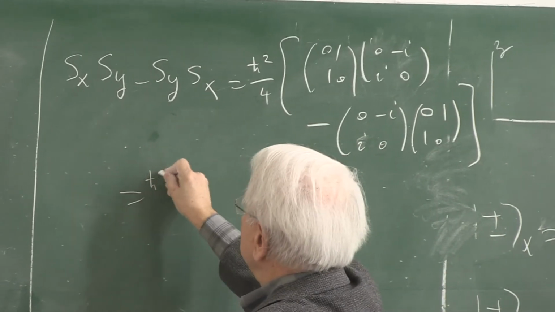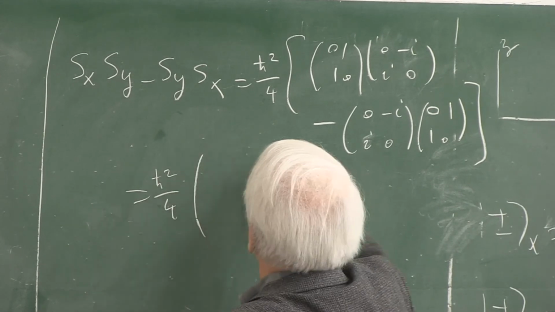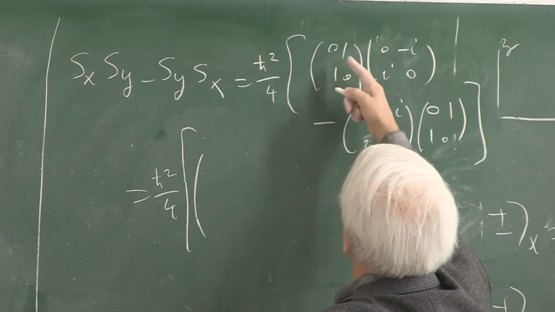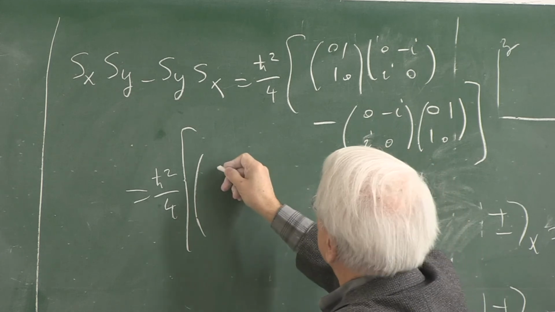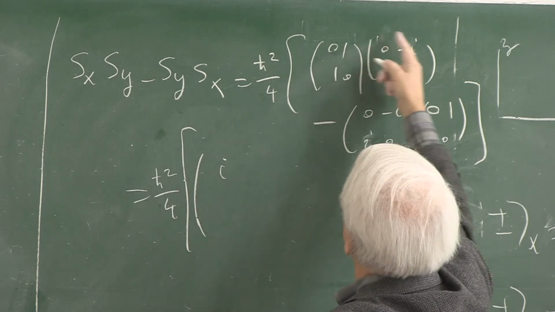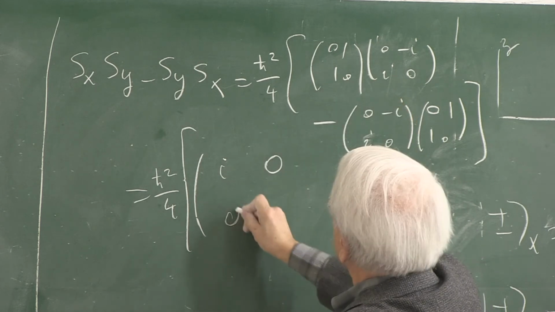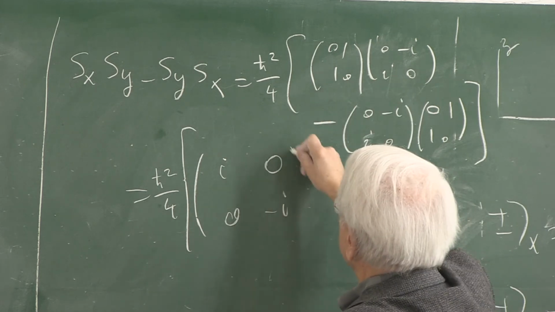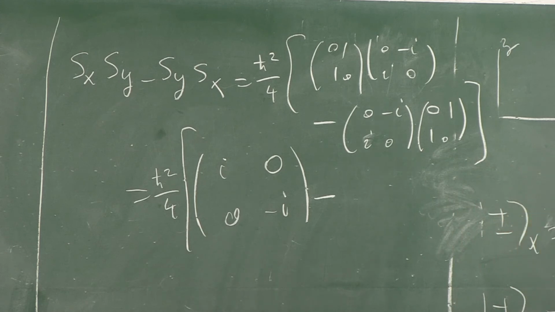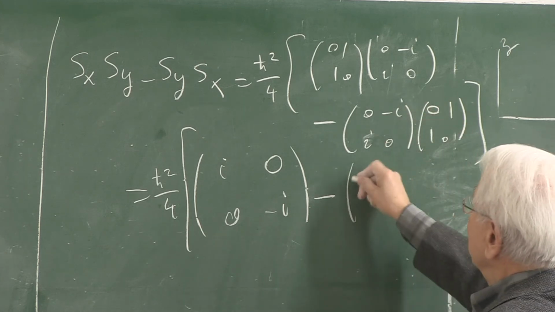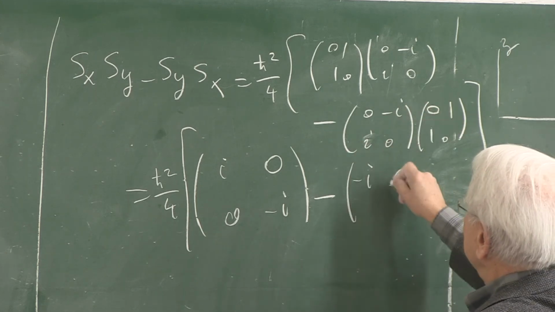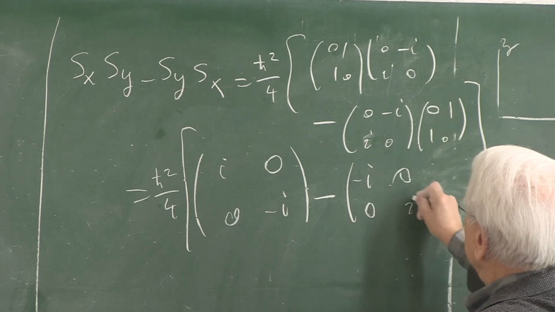h bar squared over 4, what is the first matrix? i, 0, 0, minus i. That's the first term. This is minus i, 0, 0, plus i.